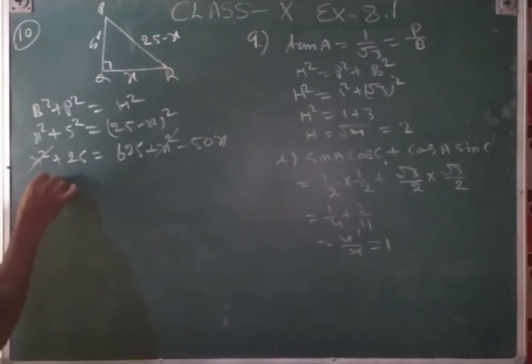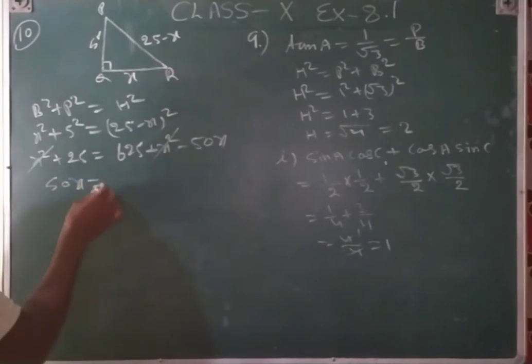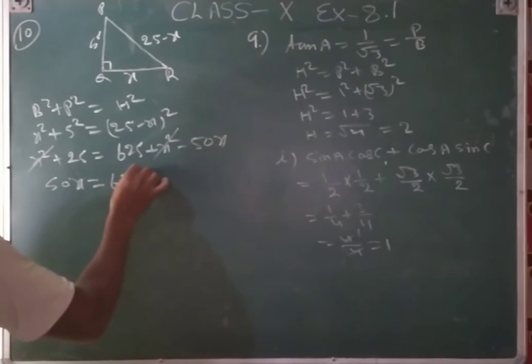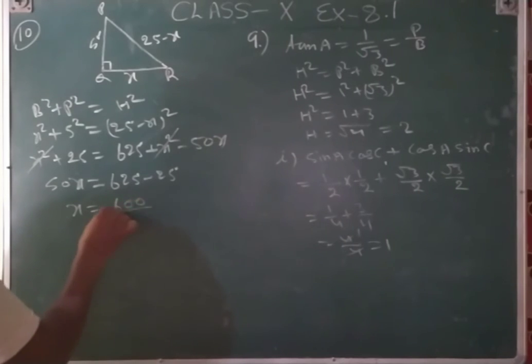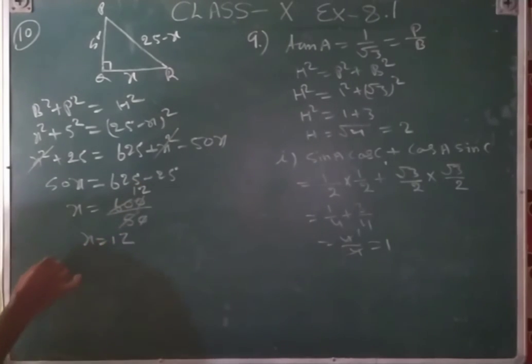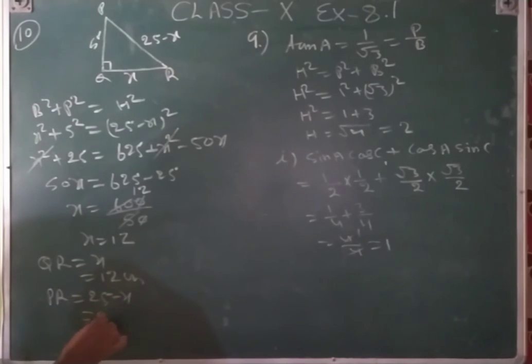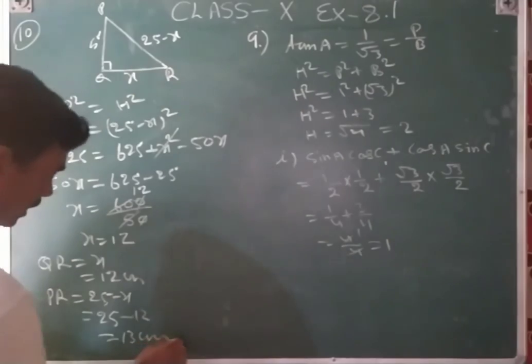So this will become, this side, 50X is equal to 625 minus 25. So by that subtraction, 600 upon 50, cancel, 12. So X is equal to 12. So QR is equal to, we have supposed X, so that is 12 centimeter, and PR is supposed 25 minus X, so 25 minus 12 is equal to 13 centimeter.